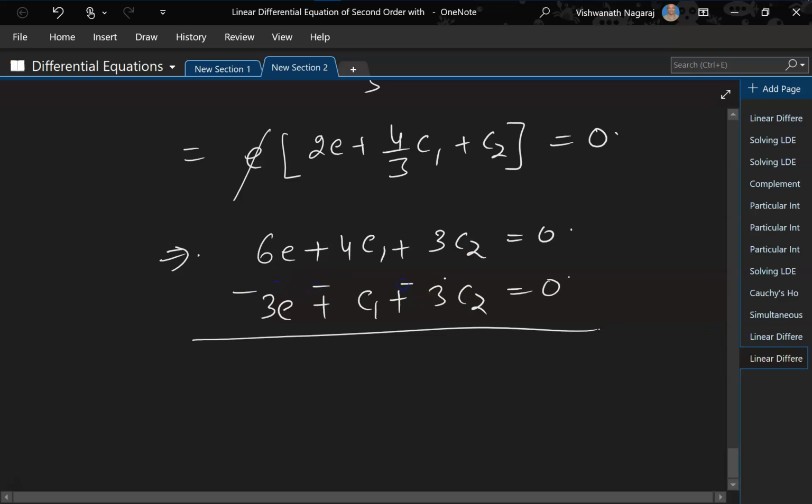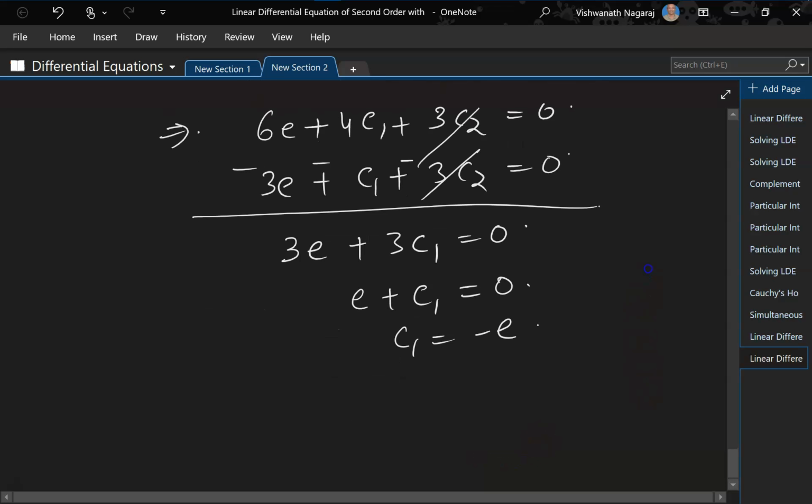This becomes 3e plus 4 minus 1, 3c1, equal to 0. 3 is common, so let's take it out and take it to the other side. It becomes 0. So we are left with e plus c1 equal to 0. So c1 equal to minus e.